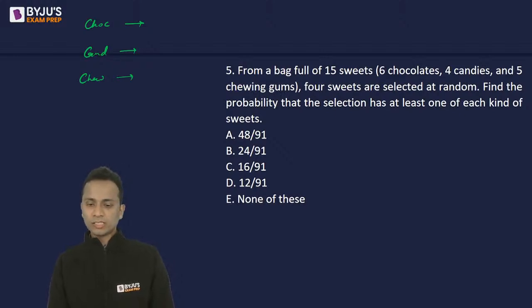The first one to answer, option D, 12 upon 91. Harshit says option B, that is 24 upon 91. Any other answer? Pratmesh says option B. Again, Viraj, same answer.